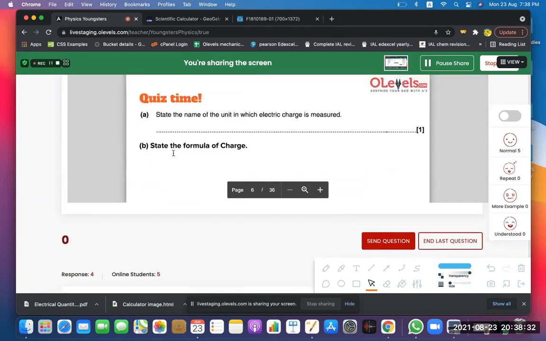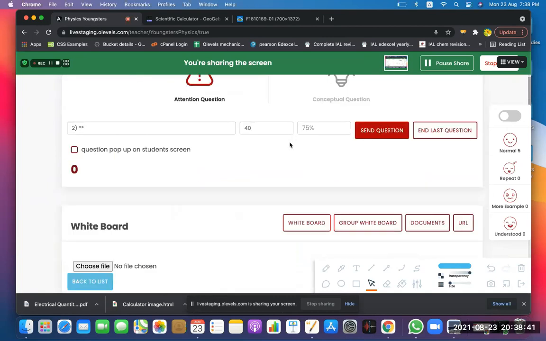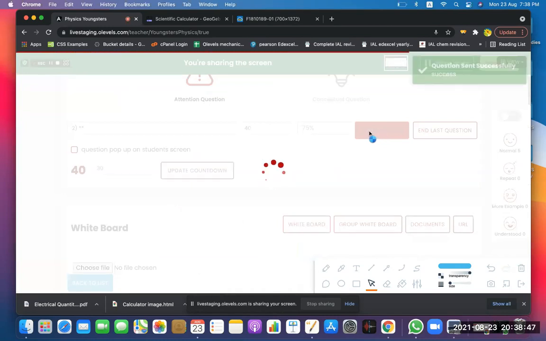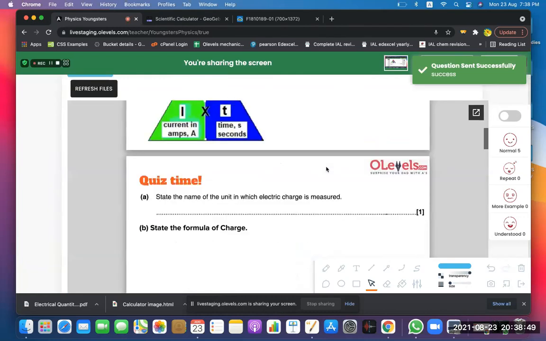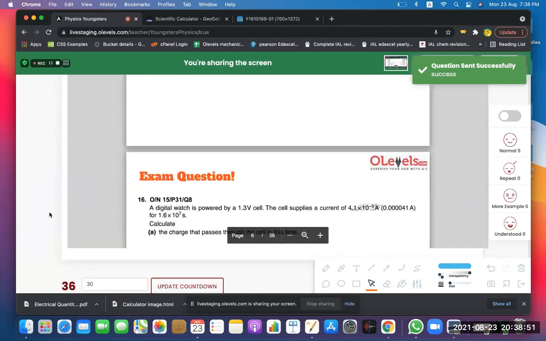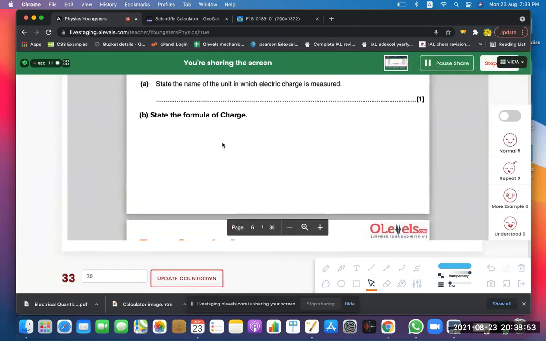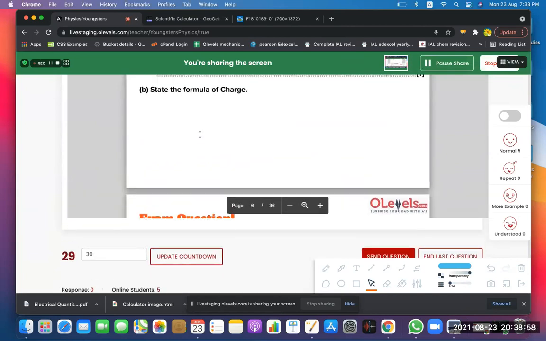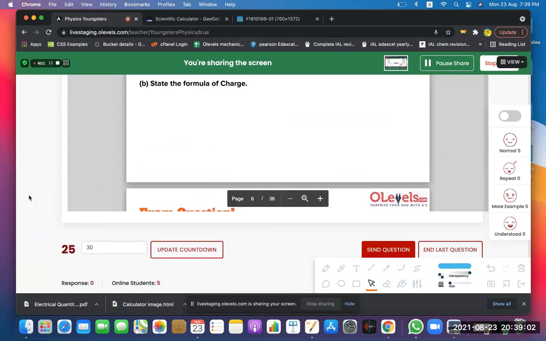Now, for the second one, part B. State the formula of charge. I'm sending the question this time as well. The timer is going on.